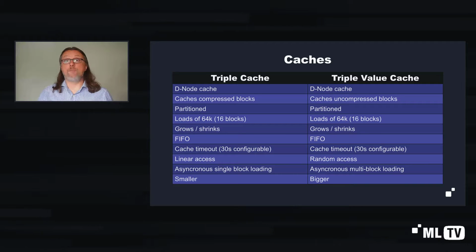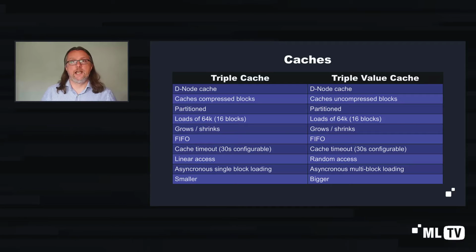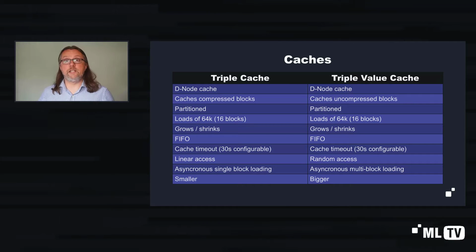These caches are both partitioned. That's a strategy for avoiding concurrency hotspots. And so different blocks will be loaded by different partitions of the cache, and the load gets spread out amongst those partitions. And when we do disk reads, we're actually doing disk reads of 64K rather than 4K, which is the block size.